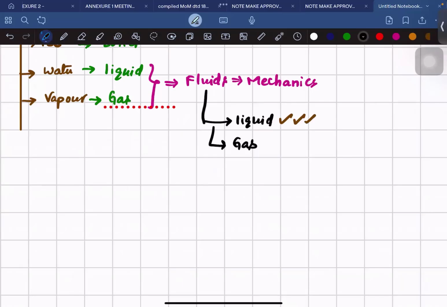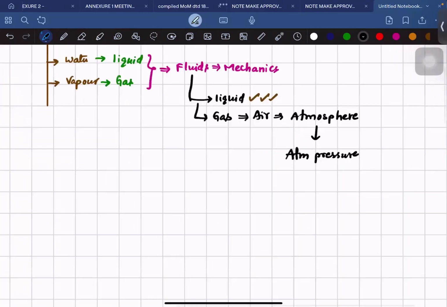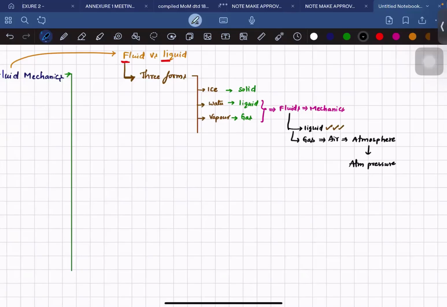And coming to gases, the gases are there in our air, that is the atmosphere. That's why we study a bit about atmospheric pressure. This is about the three forms of an object.